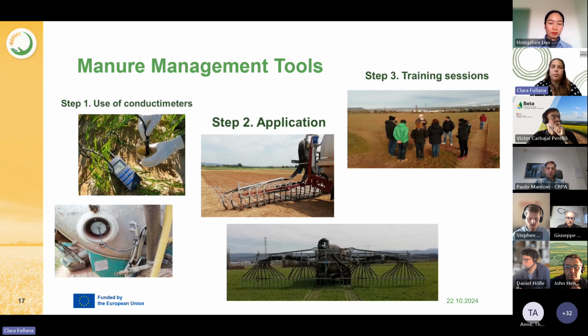For the application part of this operational group, the researchers started with the use of conductometers to find out the exact amount of nutrients in the slurry, in order to know the amount of slurry to apply in the fields and in the crops.